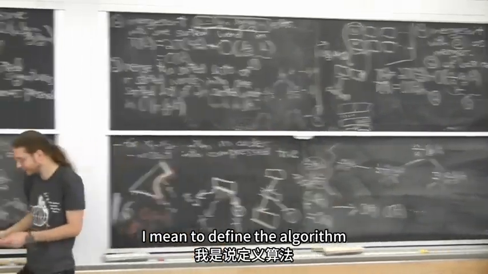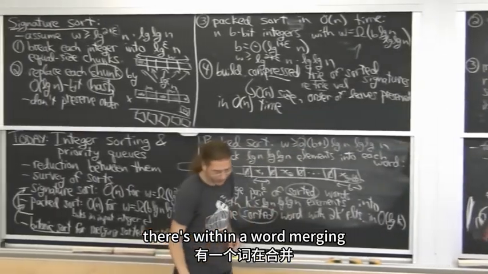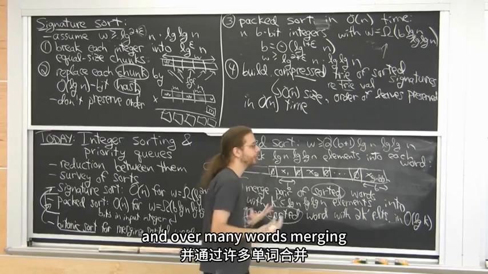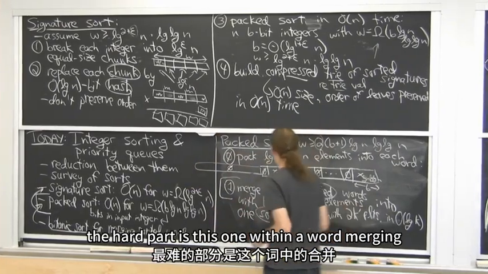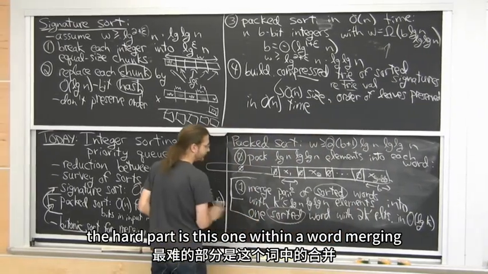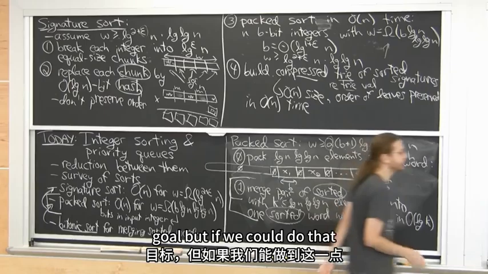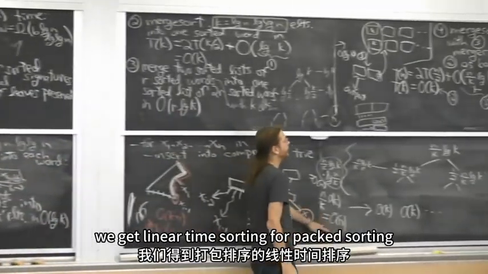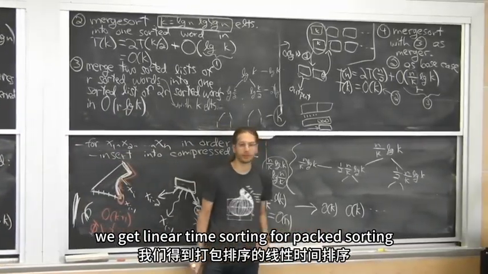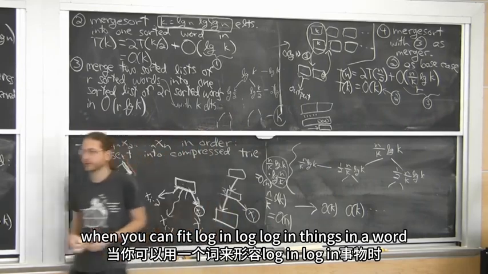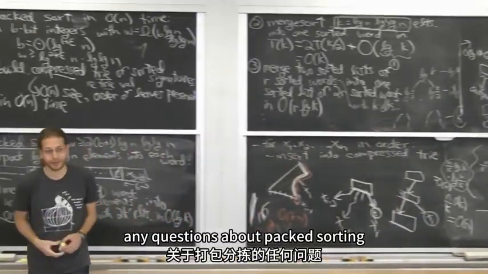To define the algorithm, there's within a word merging and over many words merging. The hard part is within a word merging. So that's our next goal. But if we could do that, we get linear time sorting for packed sorting when you can fit log n things in a word. Any questions about packed sorting?